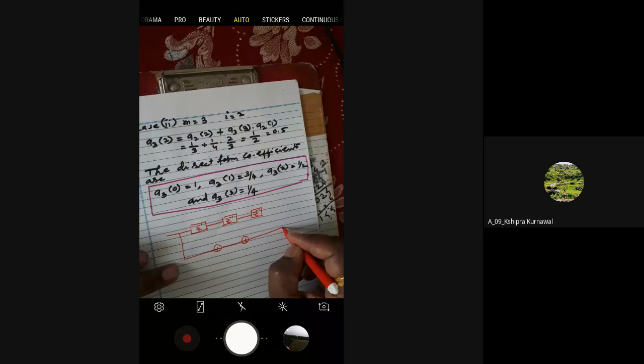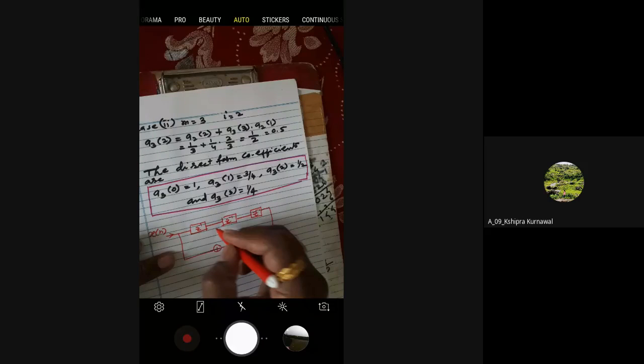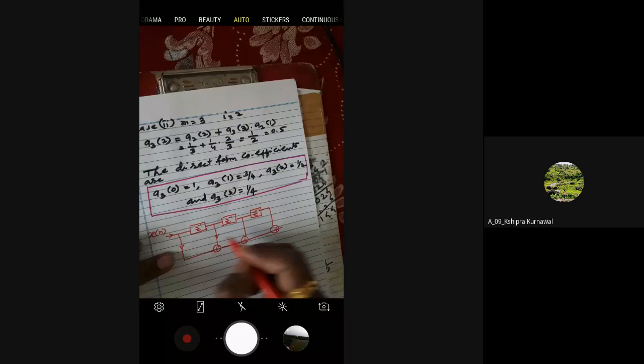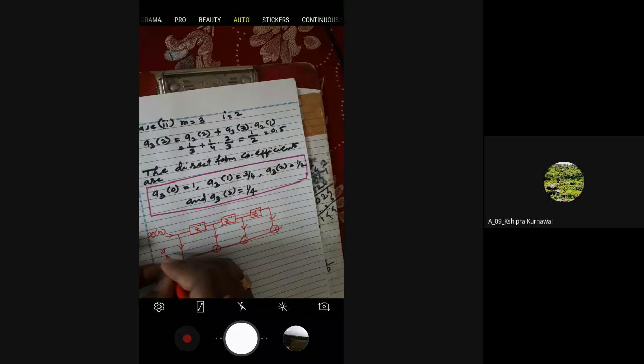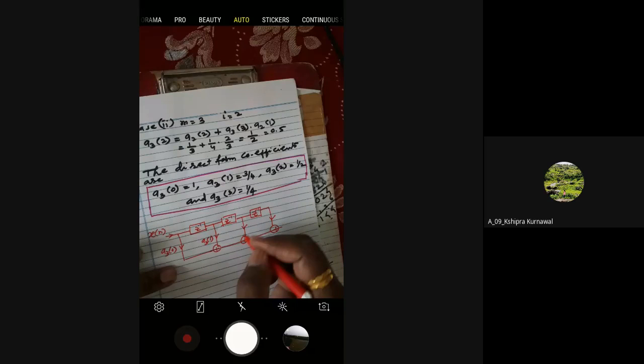Then the multipliers: this is a3 of 0, this is a3 of 1, this is a3 of 2, and this is a3 of 3.